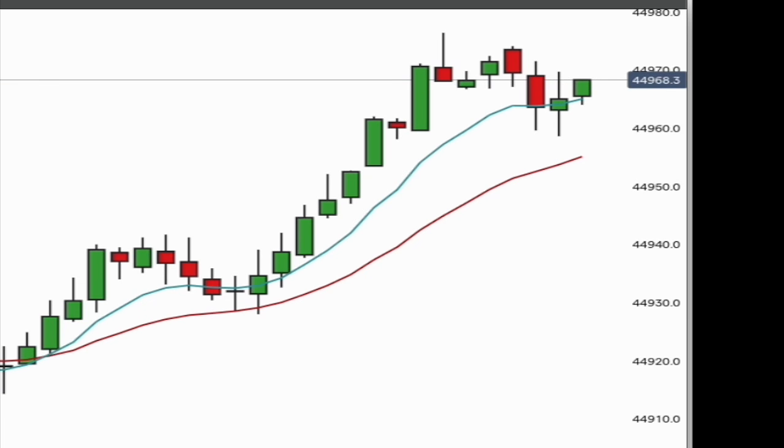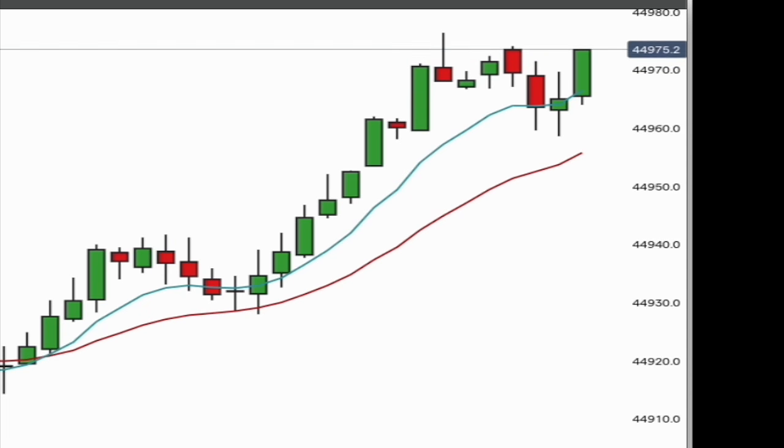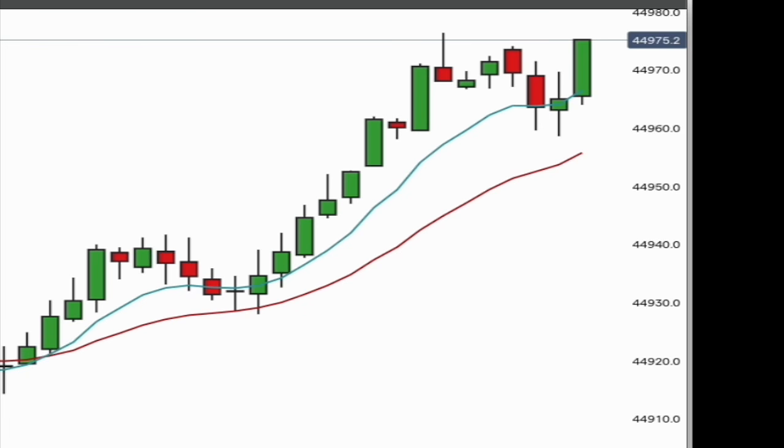If price goes down below the low of this candlestick, below the 80 EMA, then we're out for a loss. And this is what happened next. It's powering up by buying outweighing the selling.